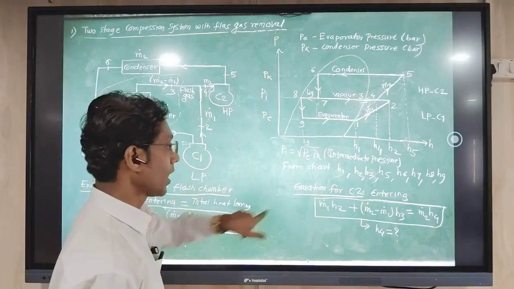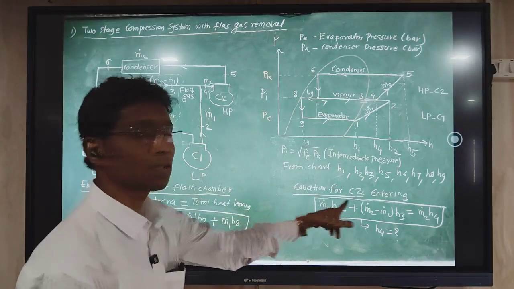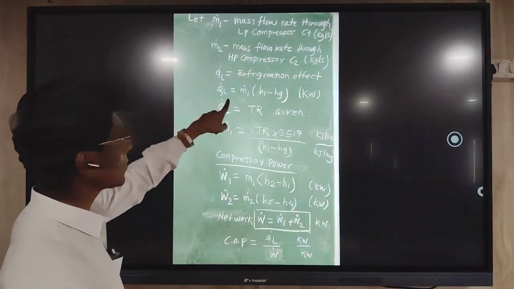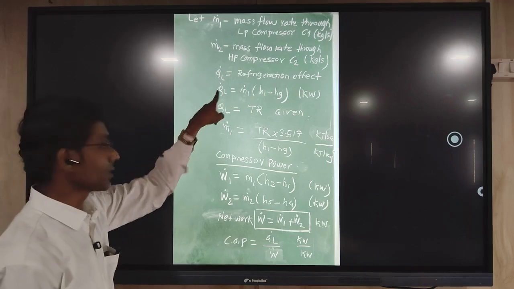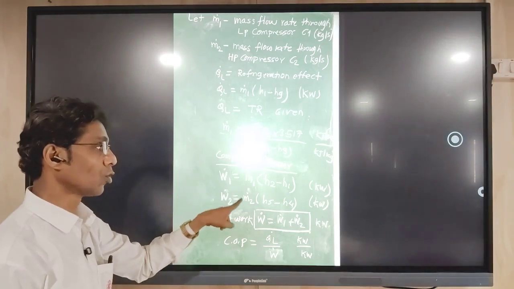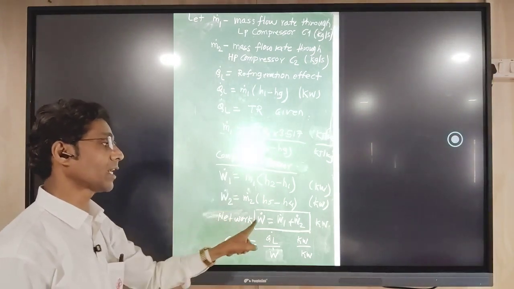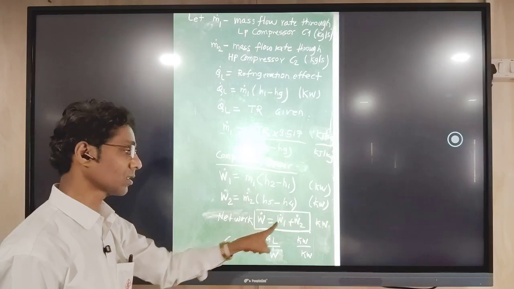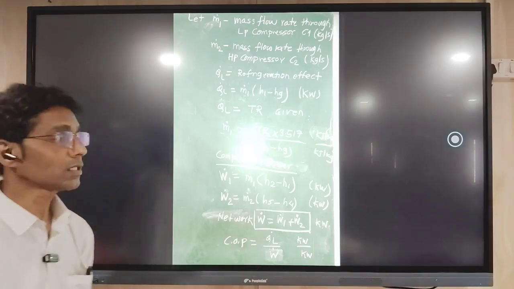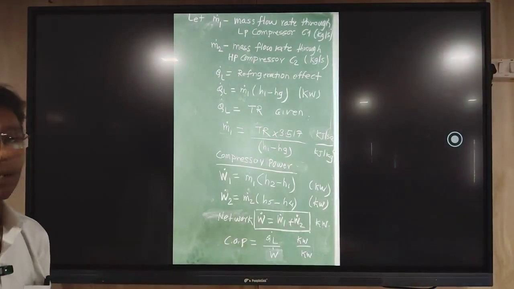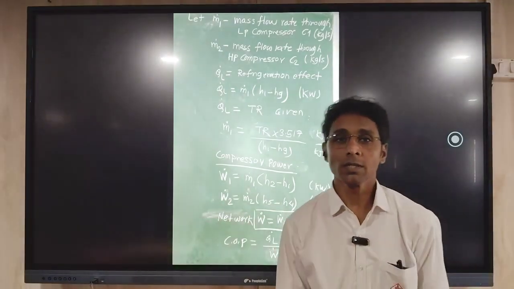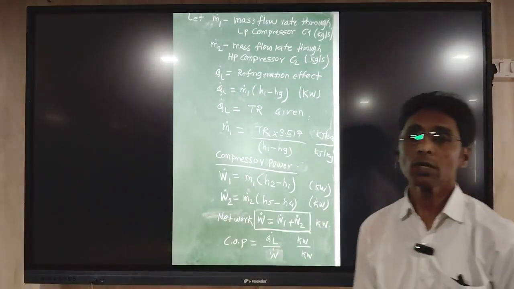After that we have seen the energy balance equations, and then finally the output, that is the cooling effect, the input, that is the compressor work in both low pressure and high pressure, the net power required to run the system, and finally the coefficient of performance, that is the ratio of both. So in this way we have seen the complete theoretical part of the two-stage compression system with the flash gas removal method.